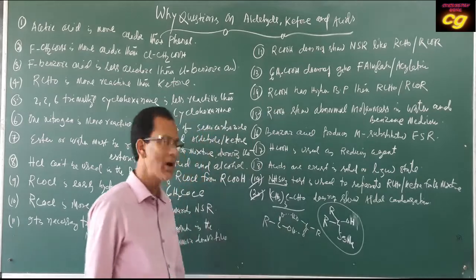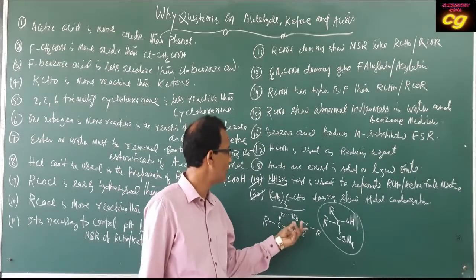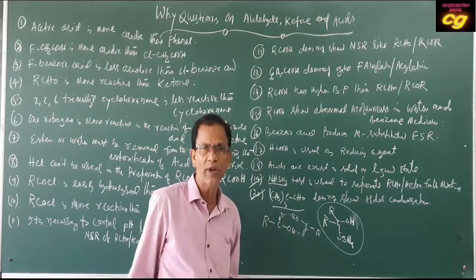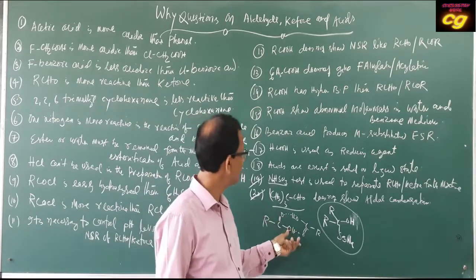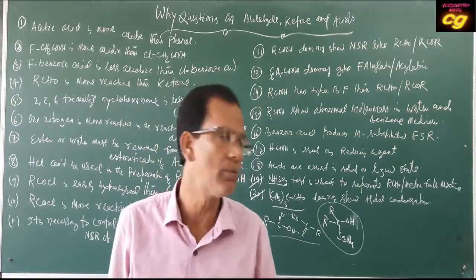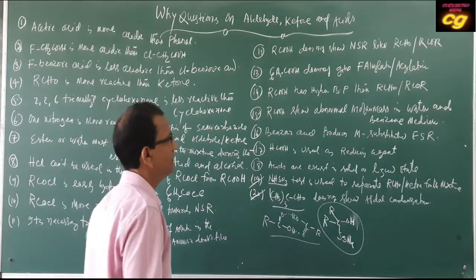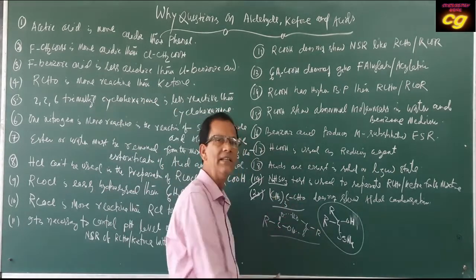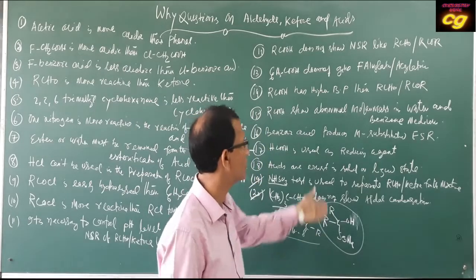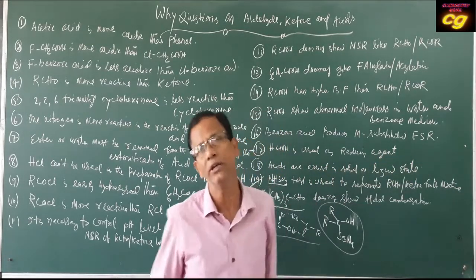Due to strong hydrogen bonding, they exist in dimeric form. That's why the molar mass increases. When the molar mass increases, the van der Waals force increases. That's why they exist in solid or liquid state.